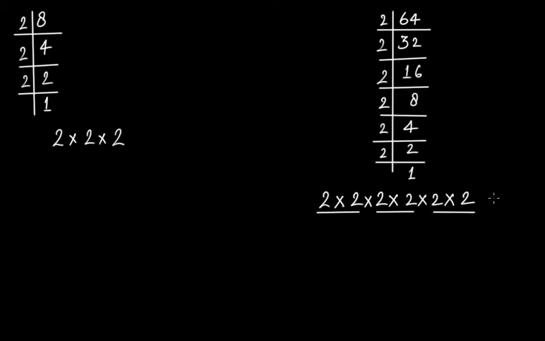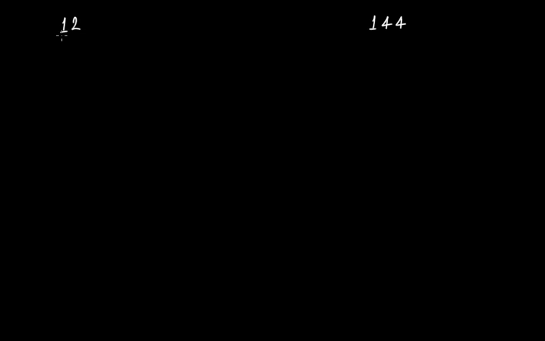Okay, now let's take the last numbers, 12 and 144. Find the prime factors of 12. You get 2 times 6 is 12, and 2 times 3, and you divide by 3, you get 1. So you can write it as 2 times 2 times 3. Okay.